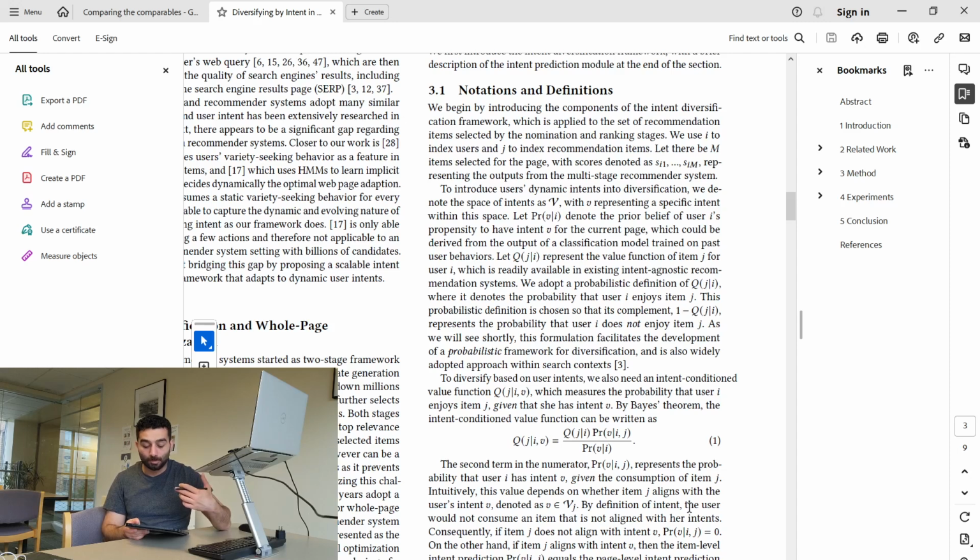Therefore, let's go check. Okay, this is the note. I will be user, J will be item. Last time I also had a problem with that. Ranking versus diversification.